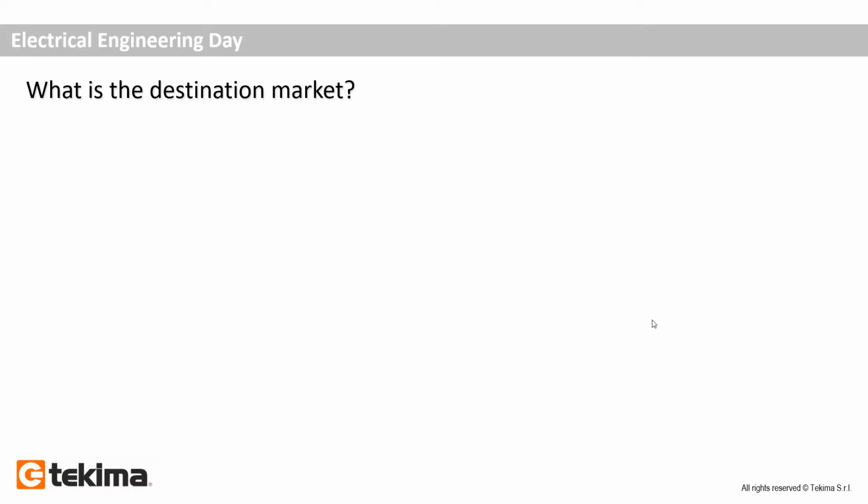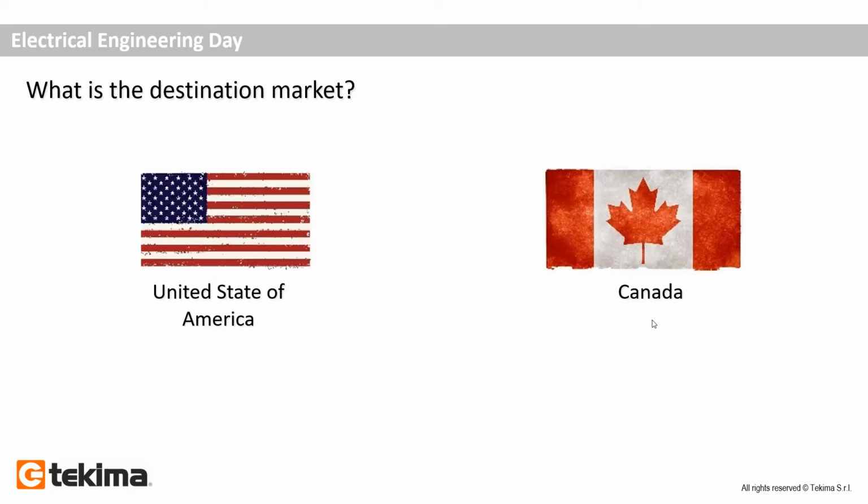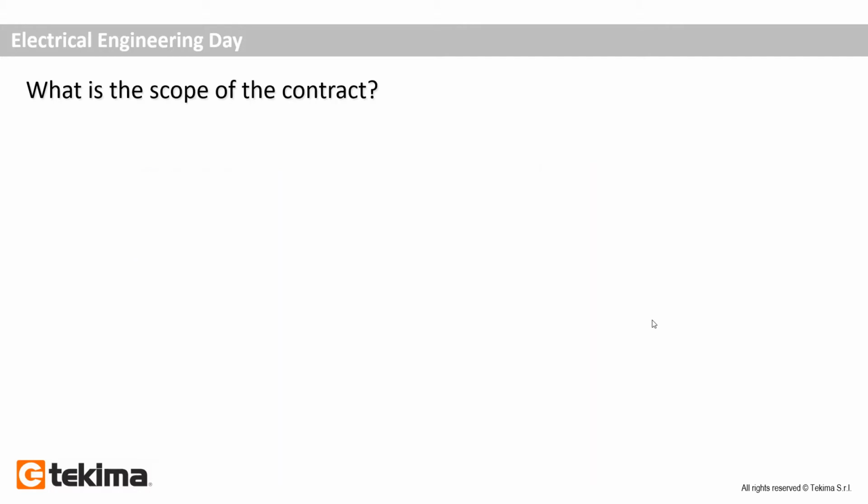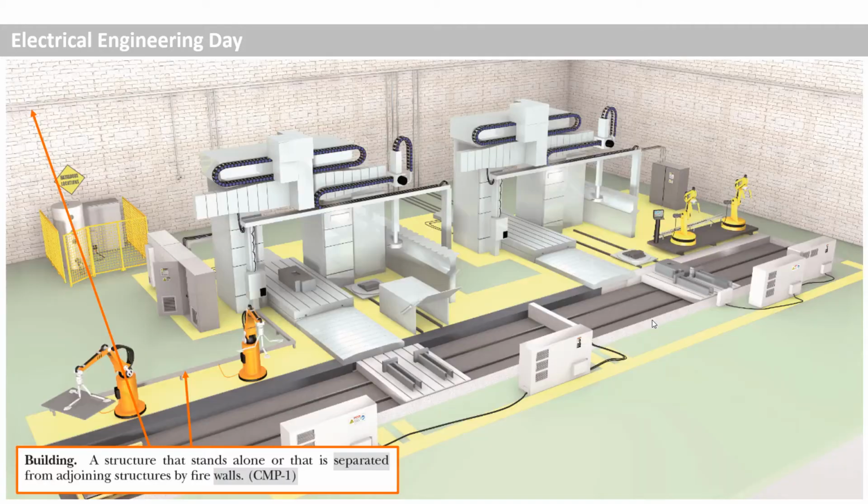Therefore, first question, as we well know, from a rules point of view, when we talk about North America, we have to distinguish between United States and Canada. Second question, what is the scope of the contract?